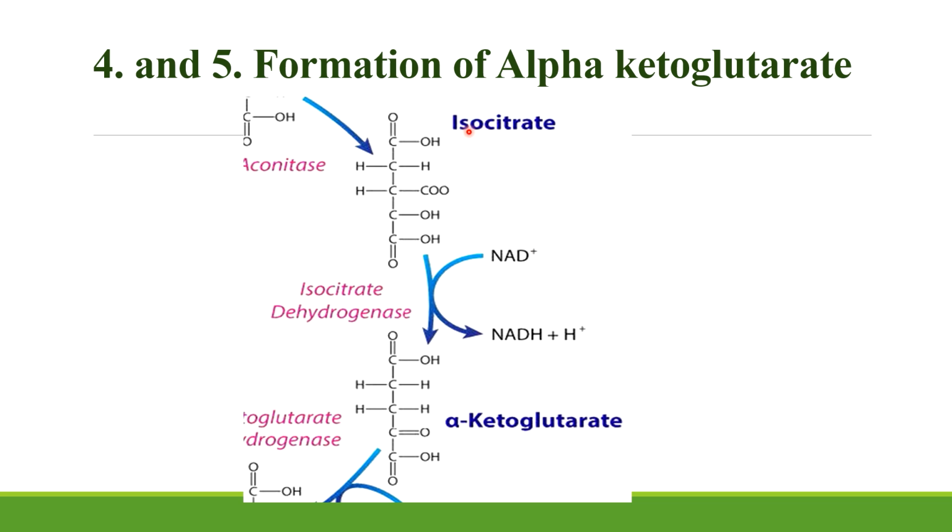So isocitrate results in the formation of oxalosuccinate and then alpha ketoglutarate. This reaction is also accompanied by the formation of NADH, and there is a liberation of a carbon dioxide molecule.